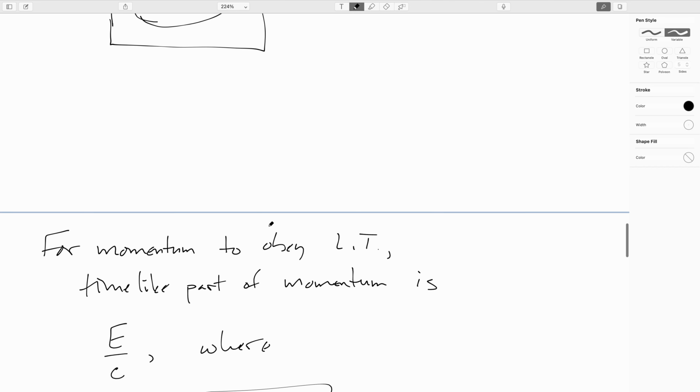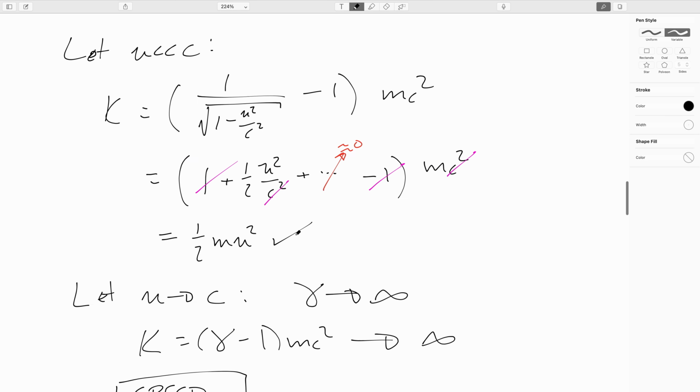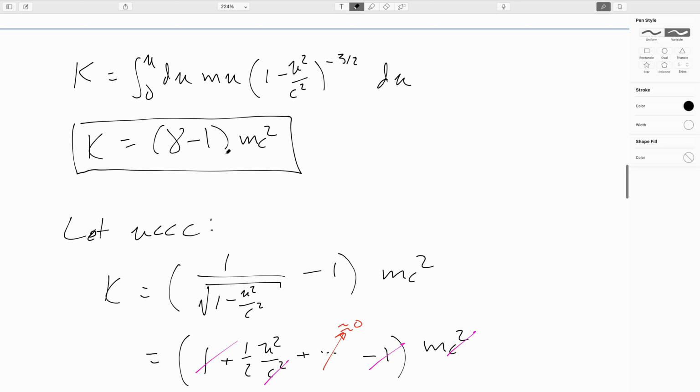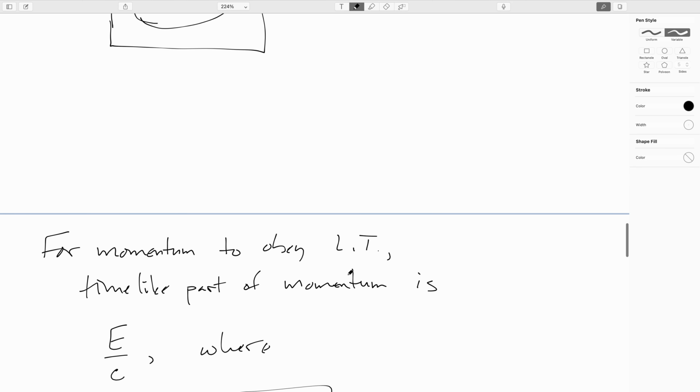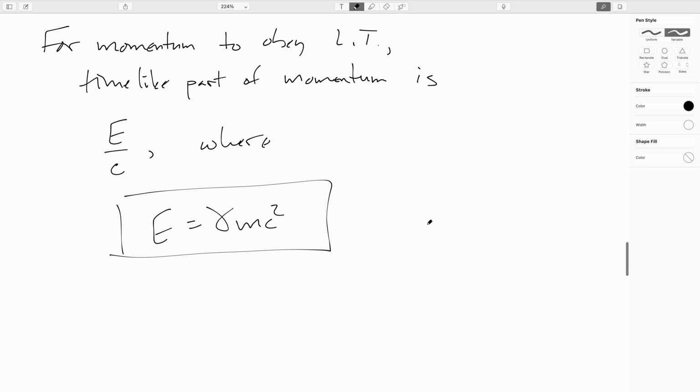The kinetic energy, so this is seemingly a contradiction. We got that the kinetic energy was gamma minus 1 mc squared. However, if the Lorentz transformation is going to work and not break, we need the total mechanical energy of our particle to be gamma mc squared.